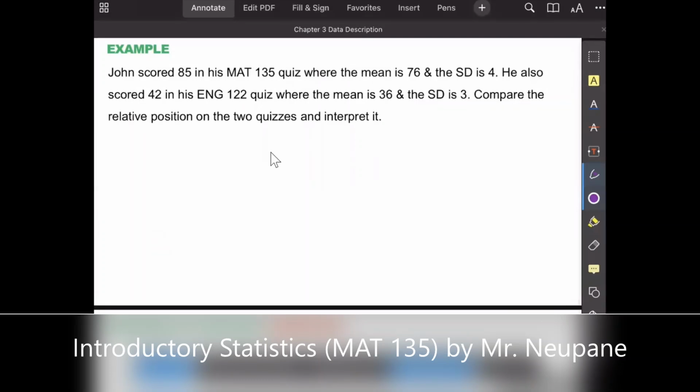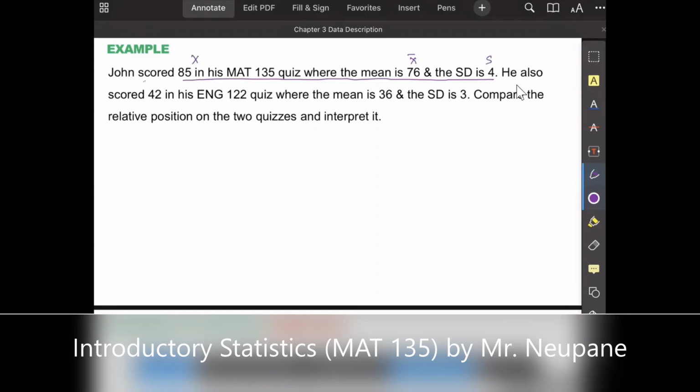Here is that example. Let's find out what is given. John scored 85 in his Math 135 quiz, where the mean is 76 and the standard deviation is 4. Maybe this is for a sample.